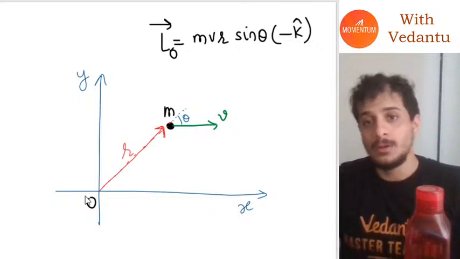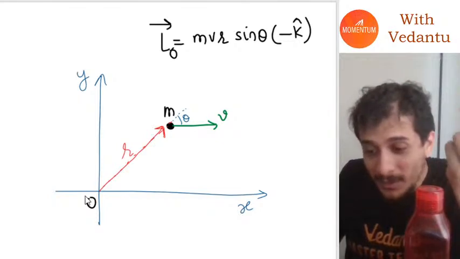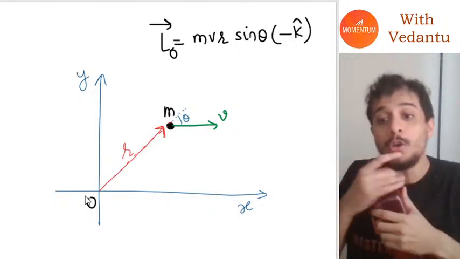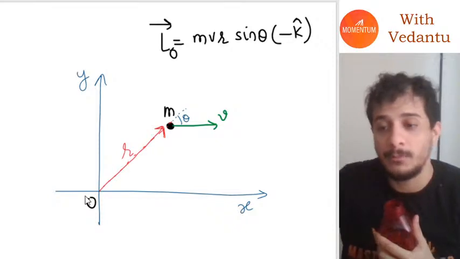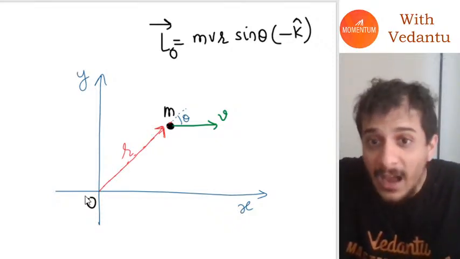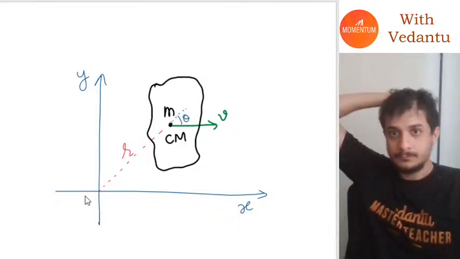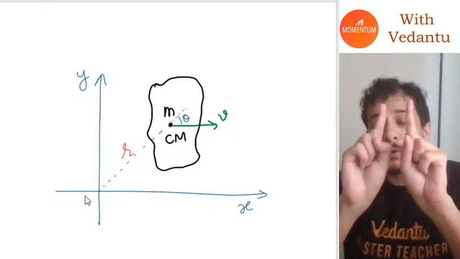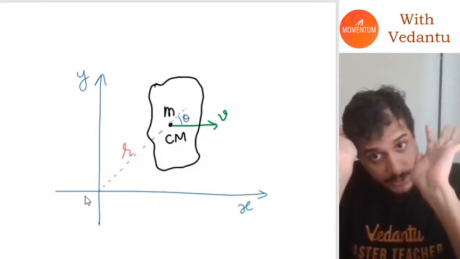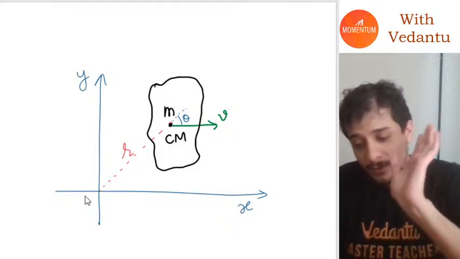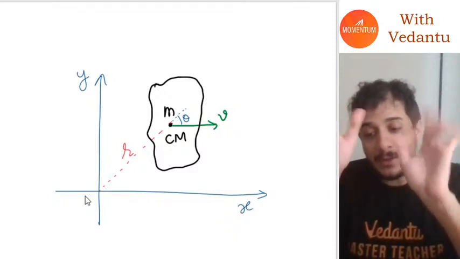Now, this is for a point mass. Point masses are easy. What do we do if we don't have point masses? Well, let's say I have a big body, but this body is not rotating. It's just moving, and its center of mass has velocity v.